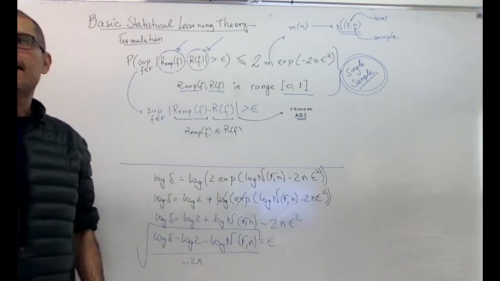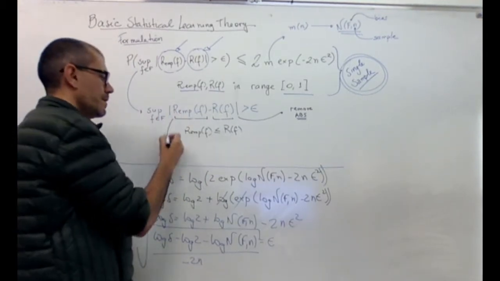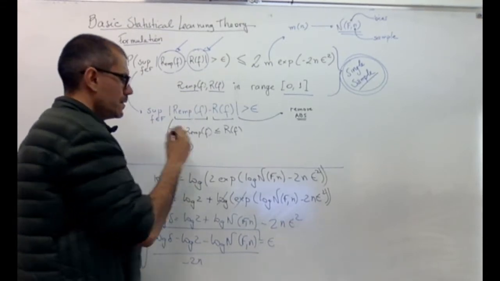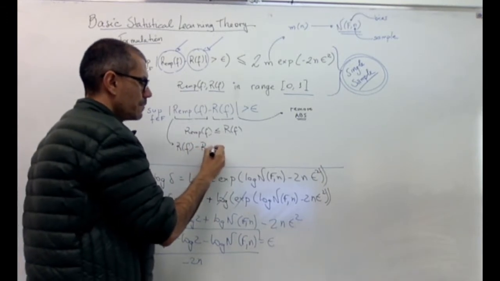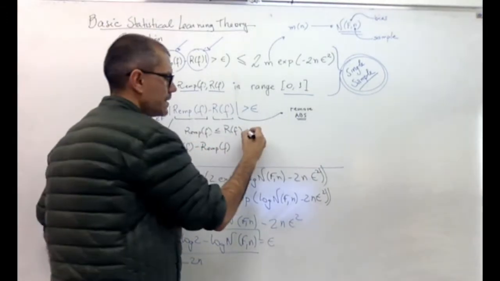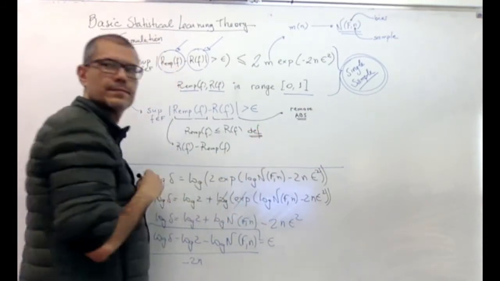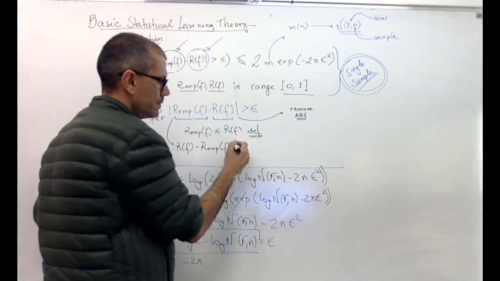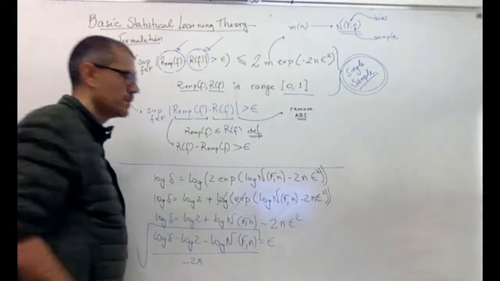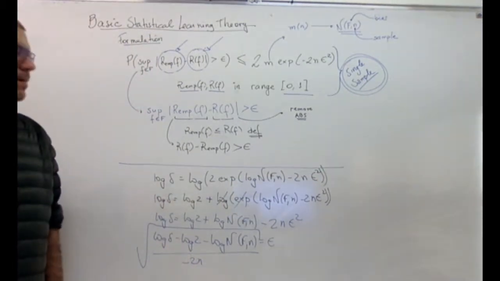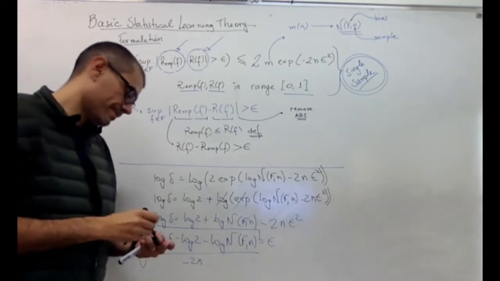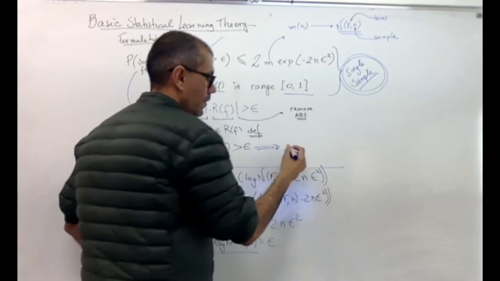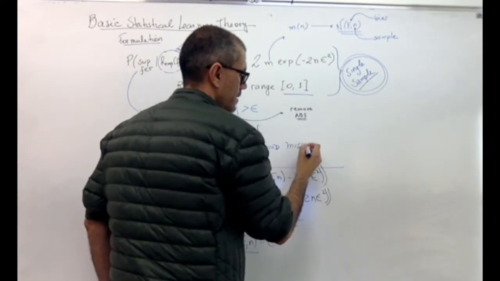So from that, I take this conclusion. I could invert this and have the expected risk minus the empirical risk of f, and this is by definition. This subtraction must be greater than epsilon. And probably you already know, but it's good to remember that this is for the missing cases.